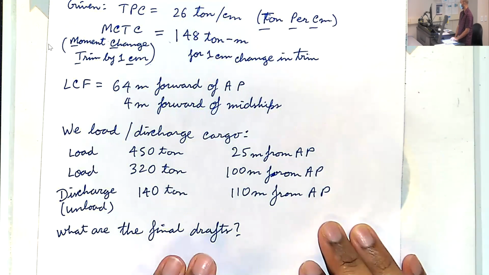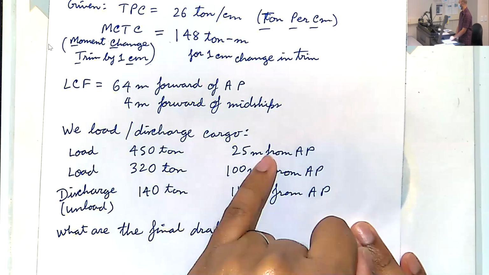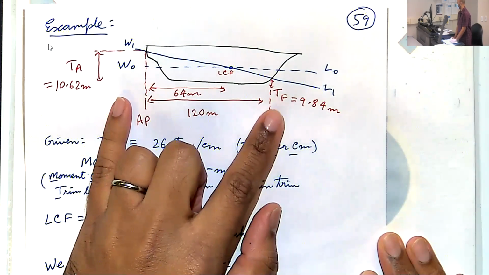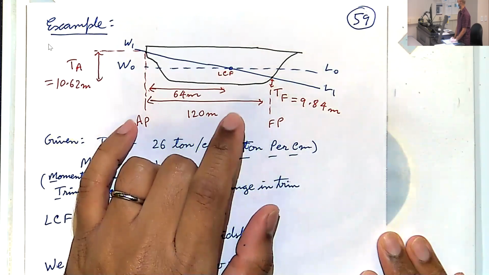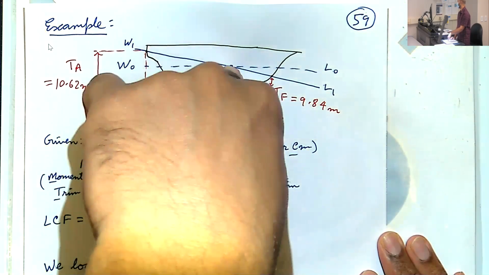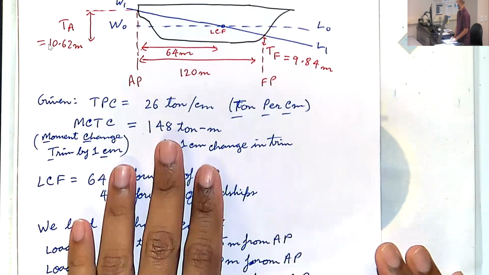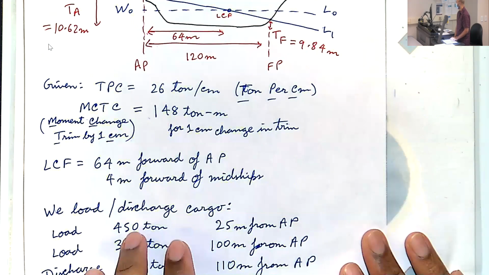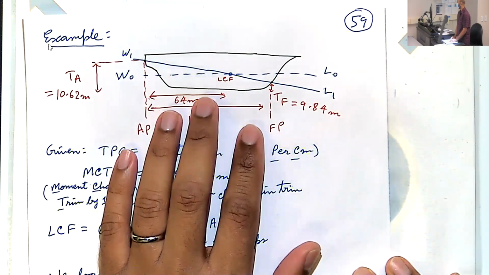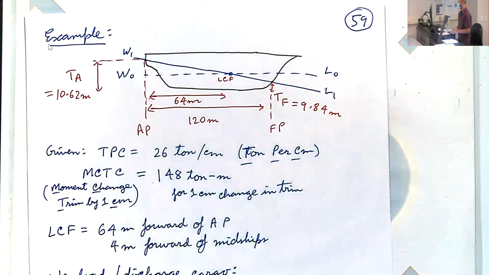So let's think about what is happening. We put 450 ton, 25 meters from AP. First thing to think about, our ship will rotate about the LCF axis, okay? So this is our hinge, it'll rotate about this point. When we add a huge container 25 meters from AP, will it be a clockwise rotation or an anti-clockwise rotation? Meaning, does it try to make nose up or nose down?